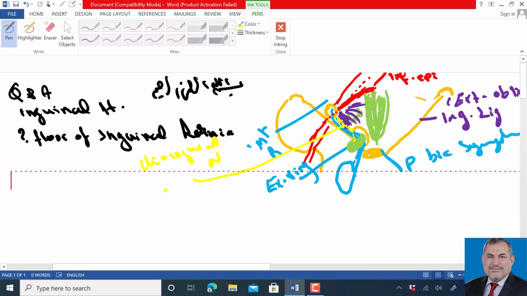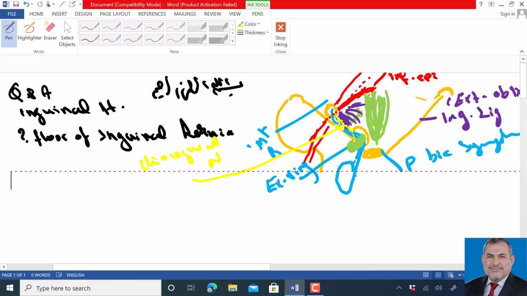This is mainly the nerve that goes there. This ilioinguinal nerve directly comes externally.